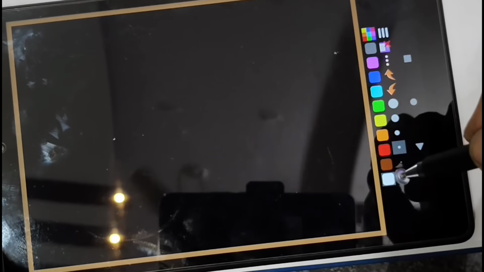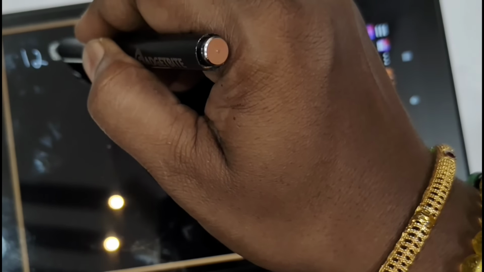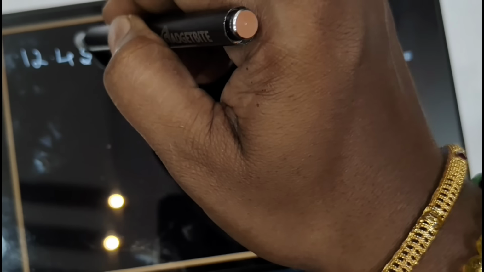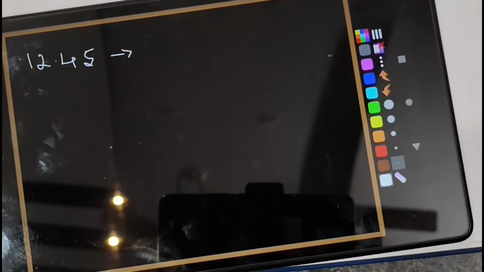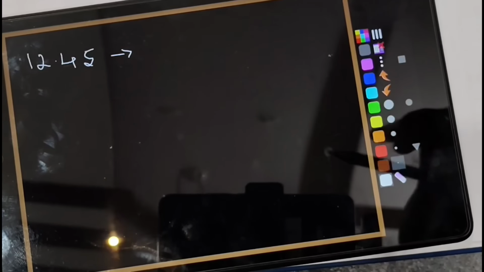So before going to the dimensions, let us see the rounding off of significant figures. Suppose it is 12.45 and it is asked to round off to three significant figures.